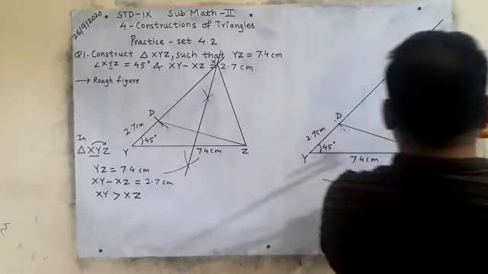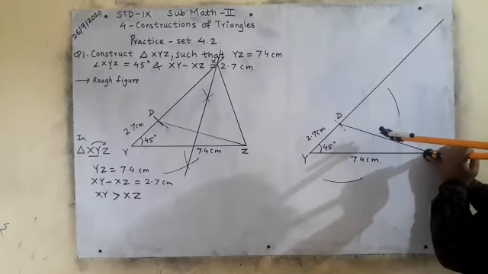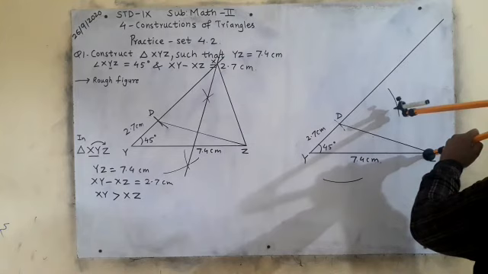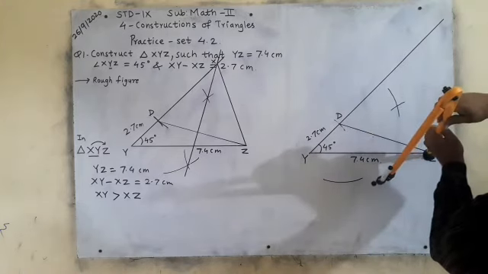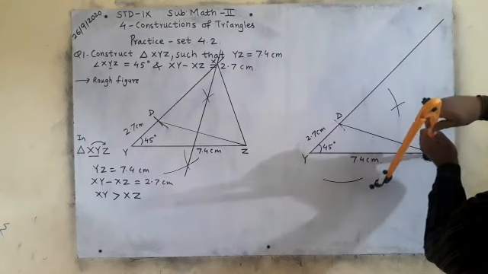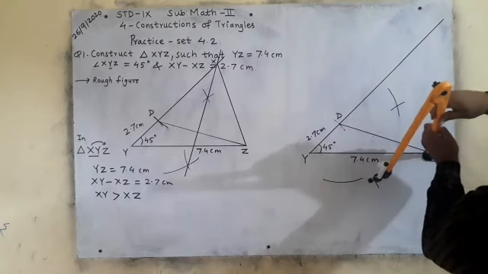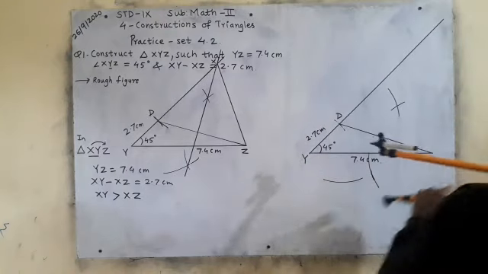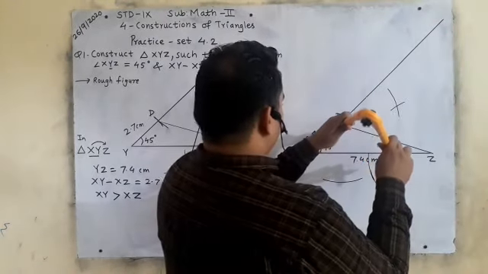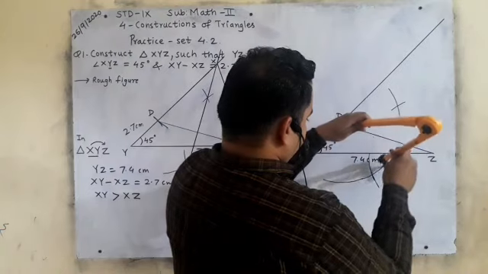The same distance you will keep on Z and you will draw perpendicular bisector of DZ. It is shorter, so I will take from here again.